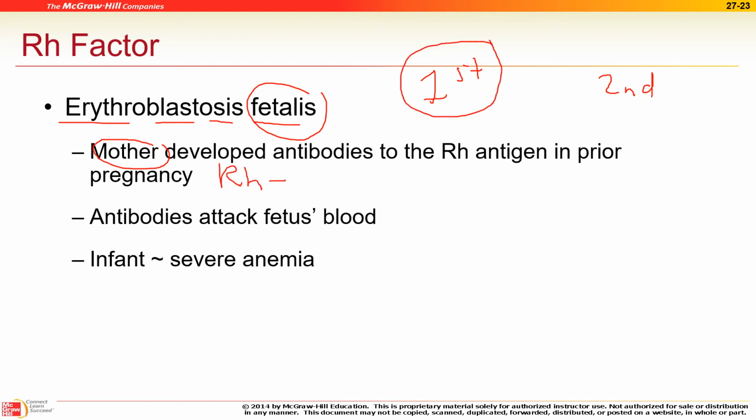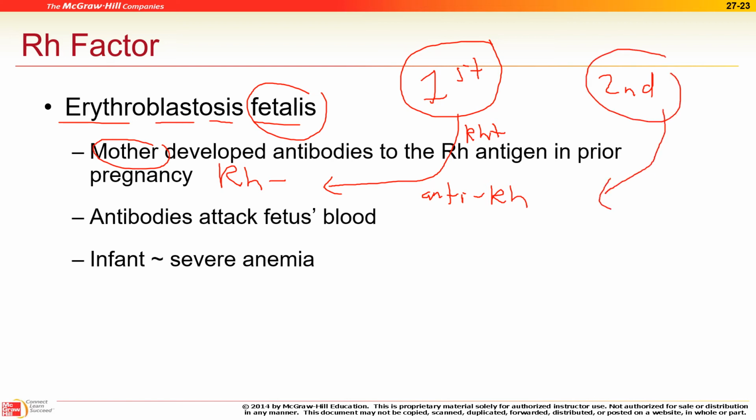The first child is Rh positive. So the mother detects the Rh factor, producing anti-Rh. In the second pregnancy, the mother's body will now attack the fetus. As long as we know about it, we can suppress the mother's immune system.